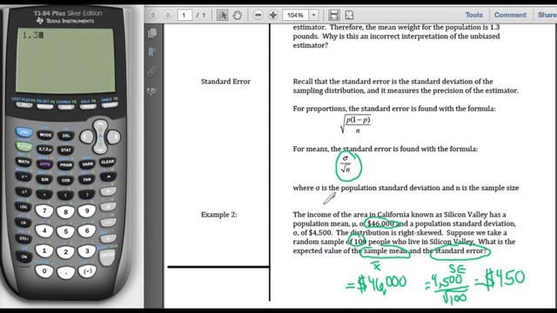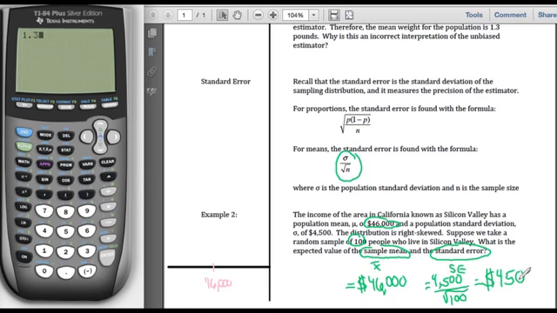This tells me that not every sample is going to be exactly $46,000 as the sample mean. Some could be a little bit higher, some could be a little bit lower. Well, how much higher, how much lower should the typical sample be?